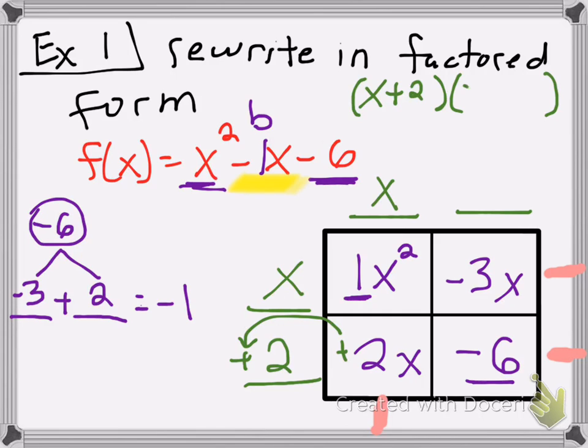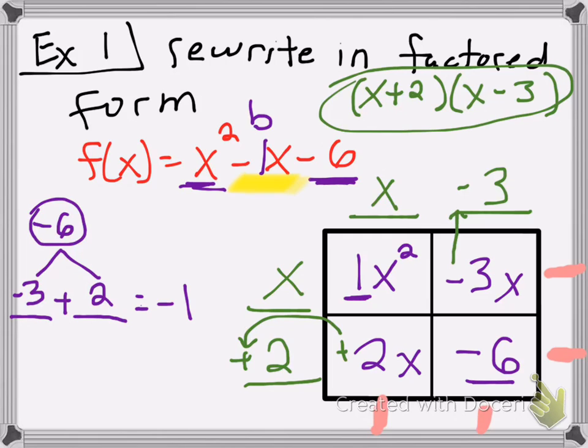X. Next column, the greatest common factor of 3 and 6 is 3. And since this is negative, that is negative. So that takes care of my first example. That's the factored form of x squared minus 1x minus 6.